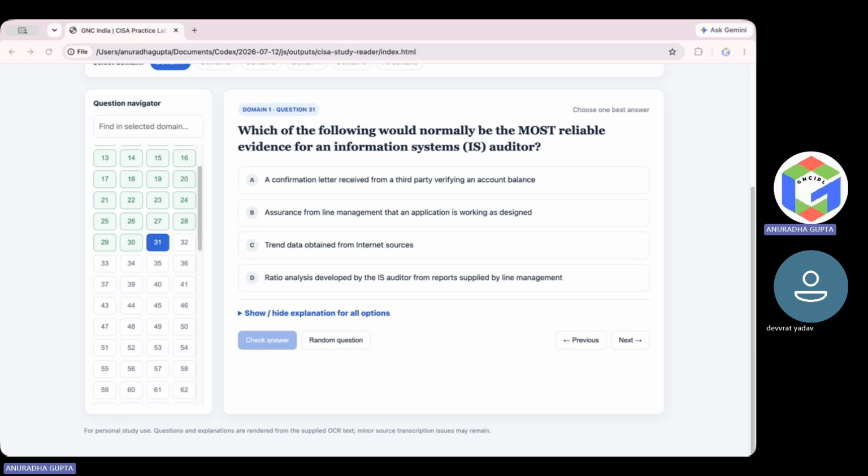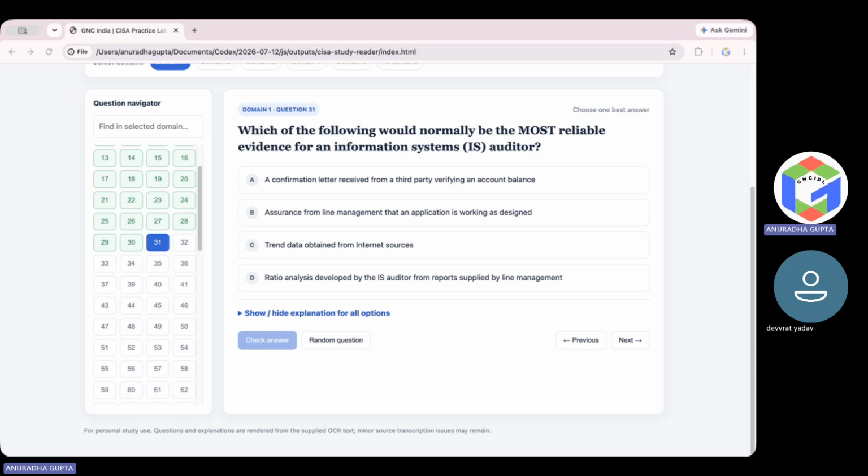Ratio analysis developed by the IS auditor from the report supplied by the line manager. Here the auditor is developing a ratio analysis report, but based on the data supplied by the line manager, who is a part of the internal team.